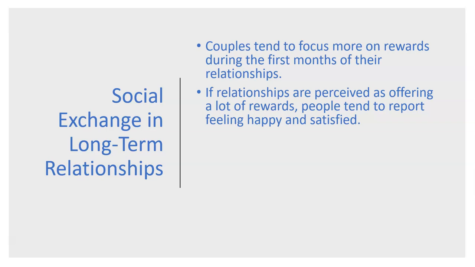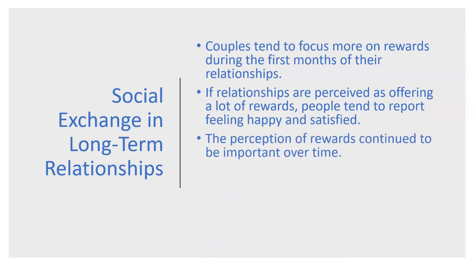If relationships are perceived as giving people in those first few months a lot of rewards, people tend to report also being very satisfied and very happy. The perception of those rewards as relationships mature, even though more perception of costs can emerge, continues to be top of mind for people.